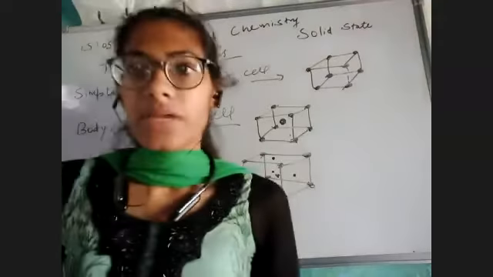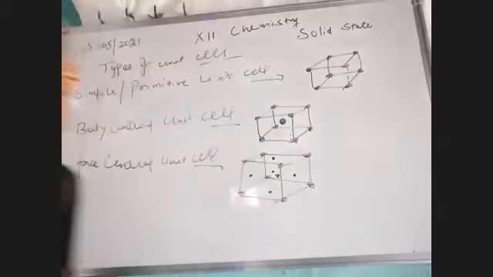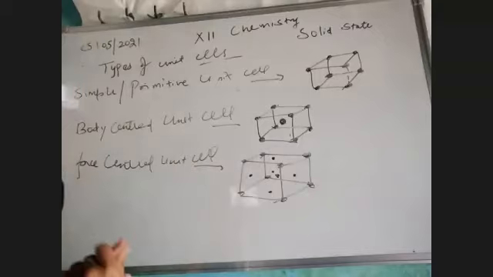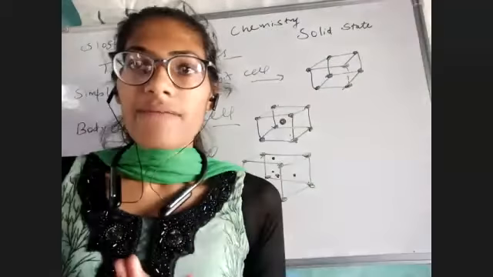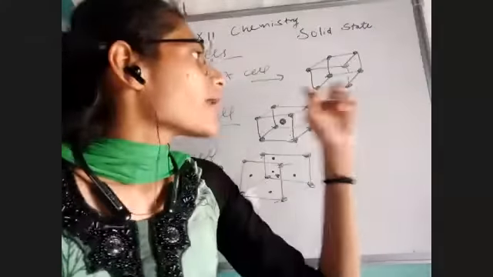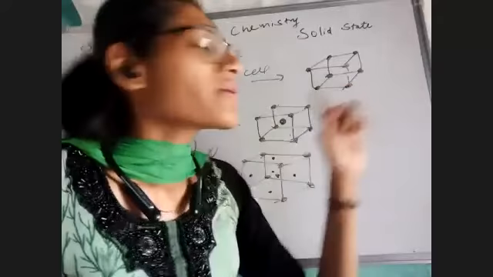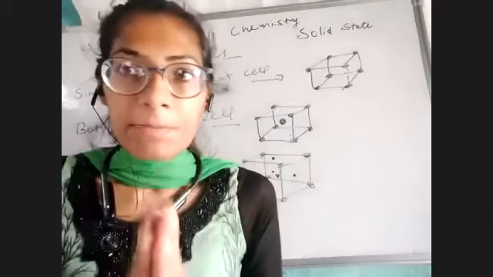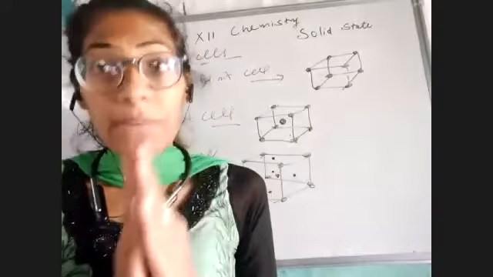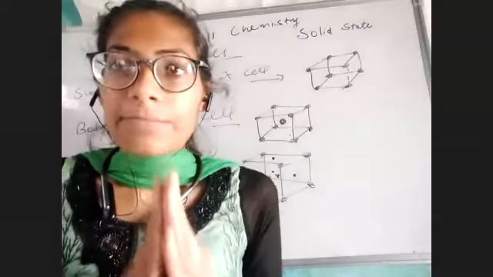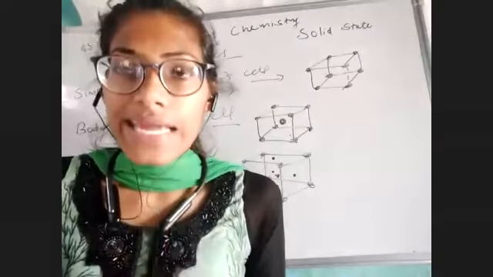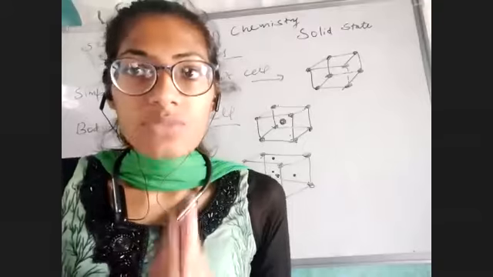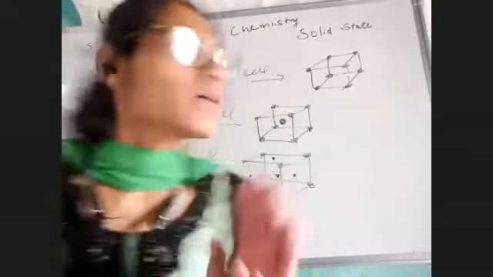Now let's start with our first topic, the simple or primitive unit cell. As I have already told you, the dots at the corners represent the constituent atoms or molecules. The simple or primitive unit cell means the unit cell containing atoms present only at the corners.